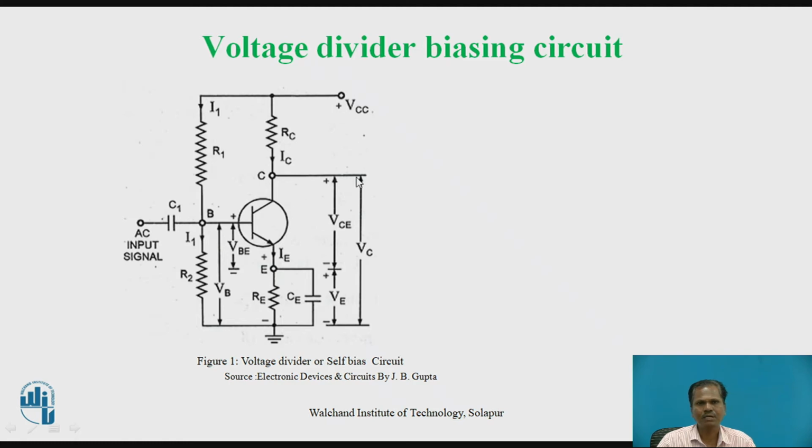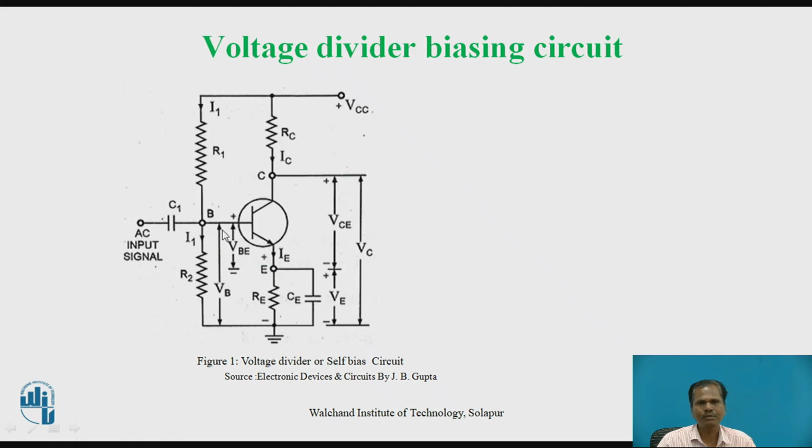Output is taken from the collector, and the collector resistor RC is connected in the collector terminal. That is used to limit the value of collector current as well as to produce the output voltage. The voltage between collector and emitter, that is VCE, is the output voltage of this transistor.